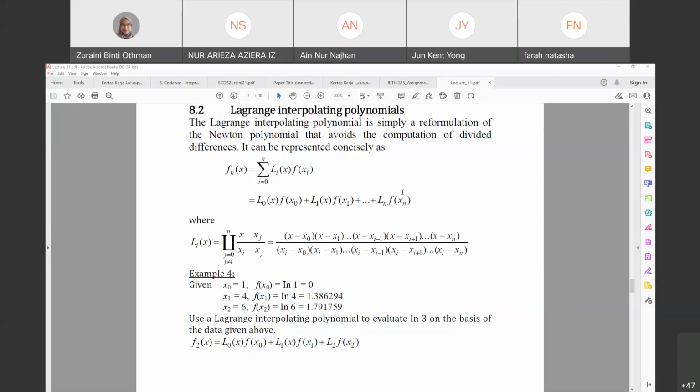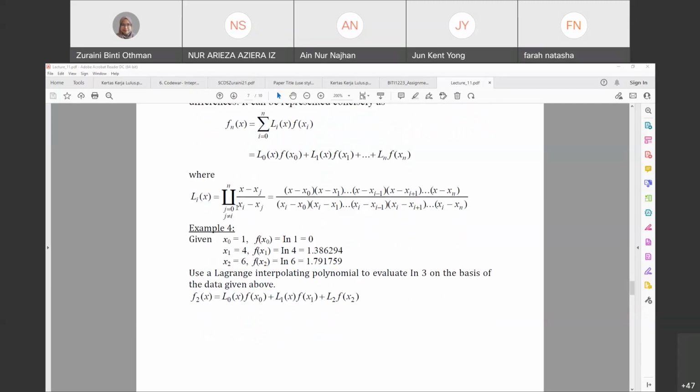No need to worry because if we do the examination face to face sekalipun, we provide formula, but your examination will be online, then you can refer to this book, to this note. Which means it involves L0, Fx0, L1, Fx1, Ln, Fxn.